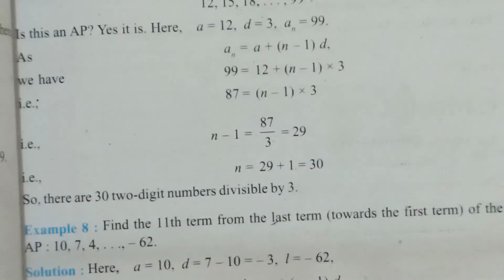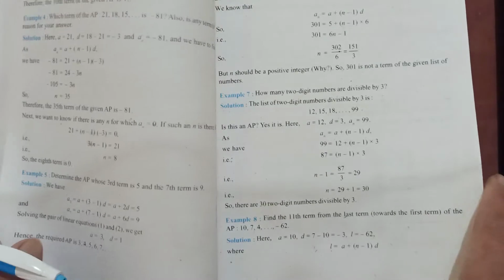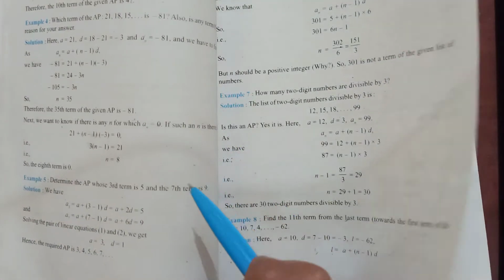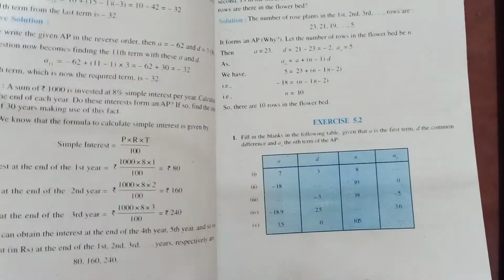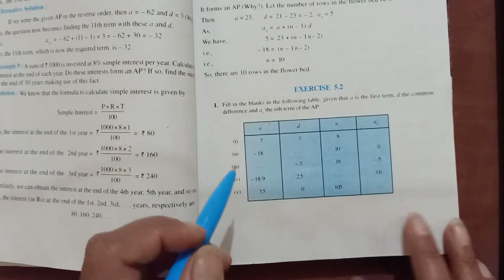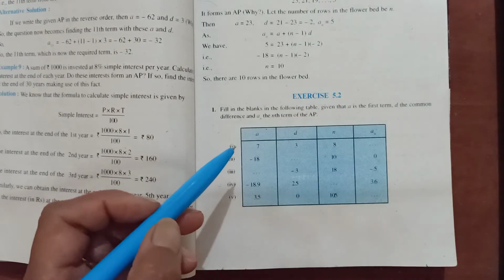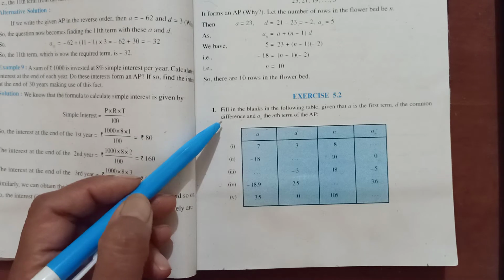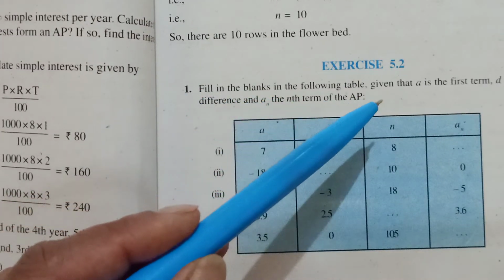Now children, you'll have a number of examples here which you will go through on your own, and you let me know if there's any confusion in any example, at any step. After seeing those examples, you will start off with this exercise 5.2. In the first question, they are saying fill in the blanks in the following table.